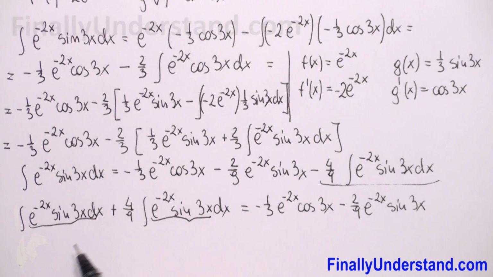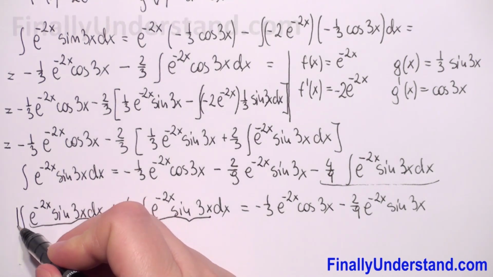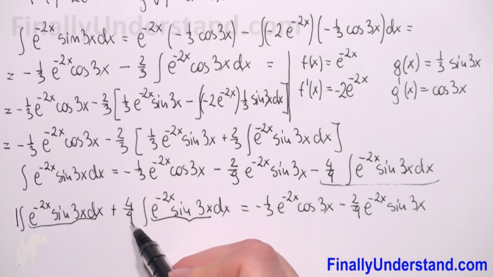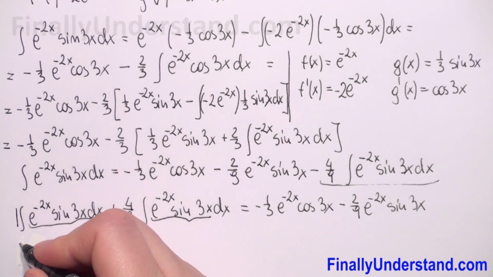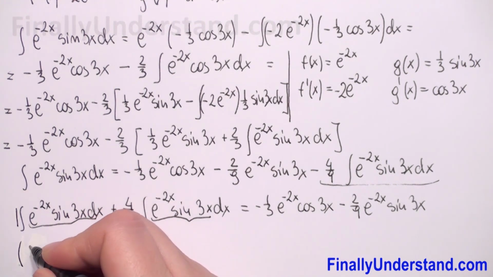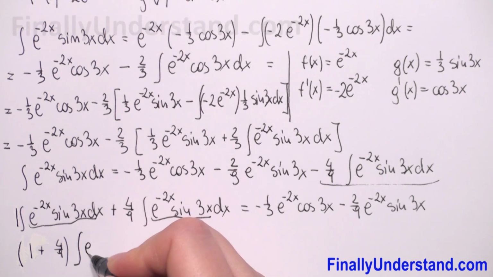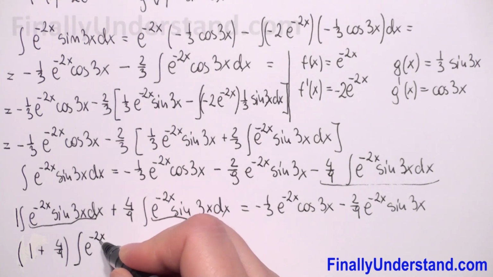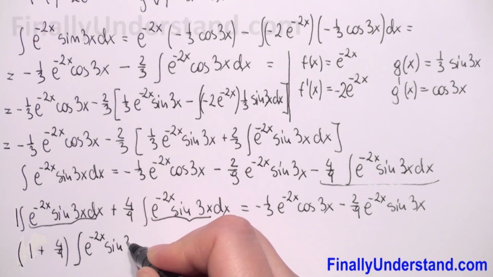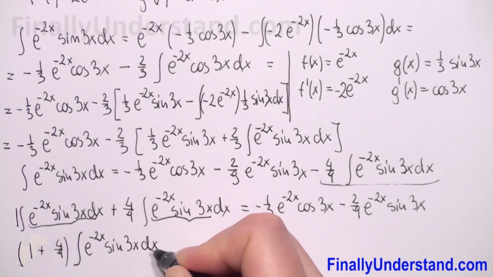integrand. So we have 1 integral plus 4/9, so we can put this in parentheses. We have 1 plus 4/9 times the integral of e to the power negative 2x sine of 3x dx.